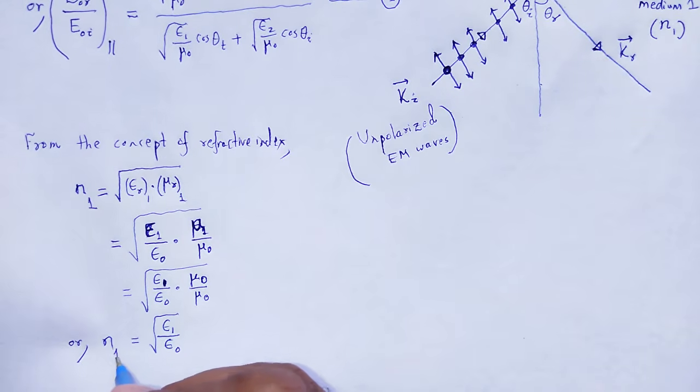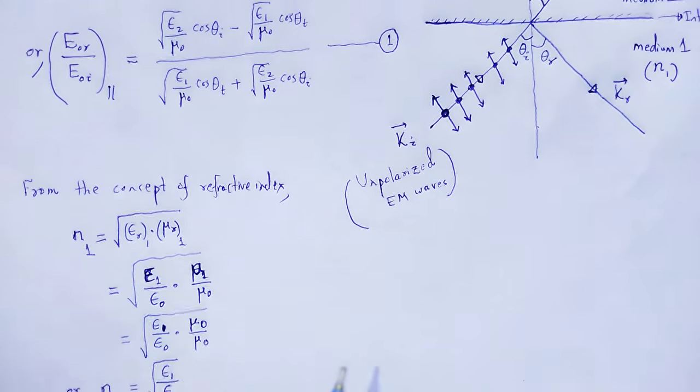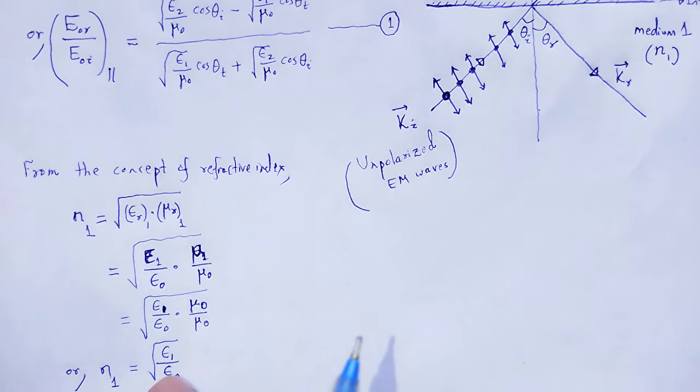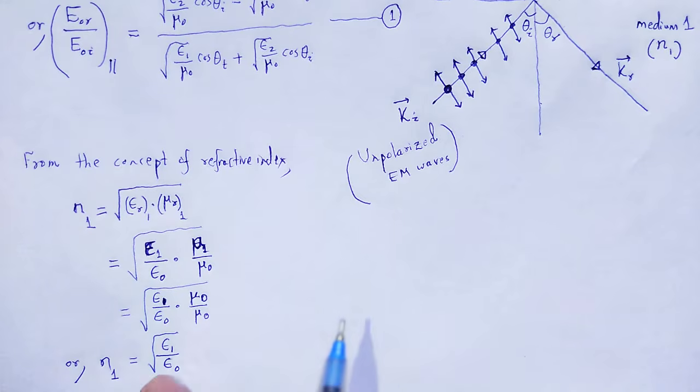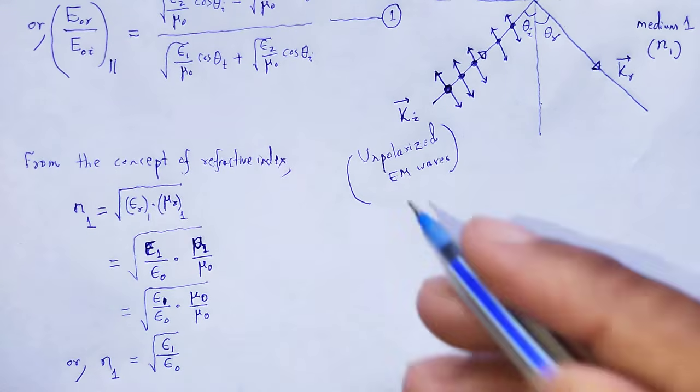This is the value of n1, the refractive index in terms of permittivity.